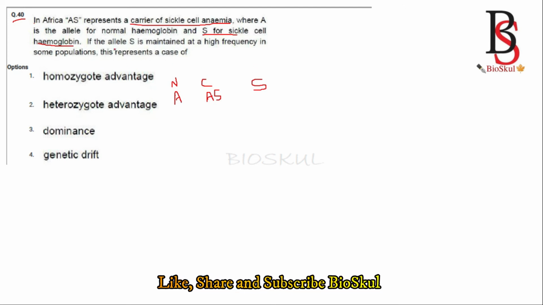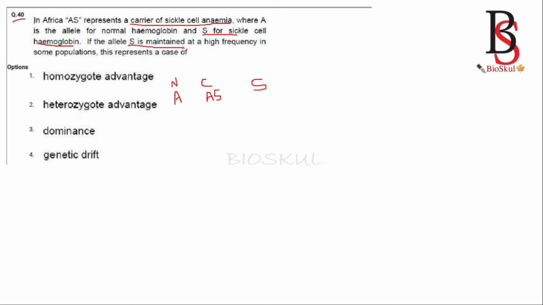So if the allele S is maintained at high frequency in a population, this represents a case of what? If the allele S is present in the homozygous condition, then it will cause sickle cell anemia, so it cannot be present in the homozygous condition.